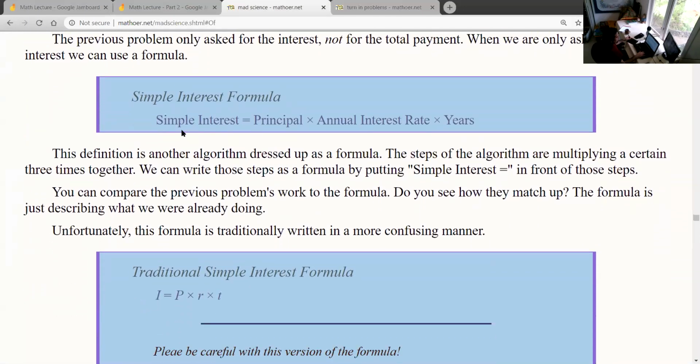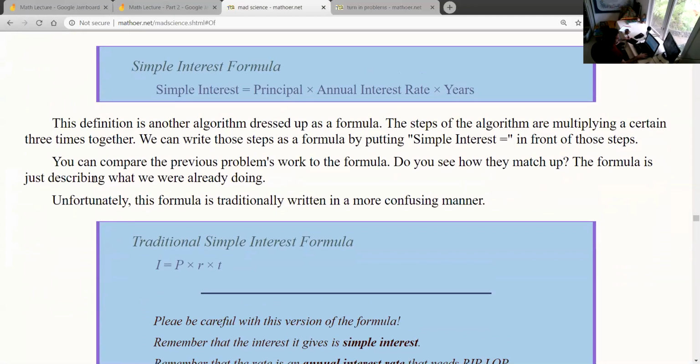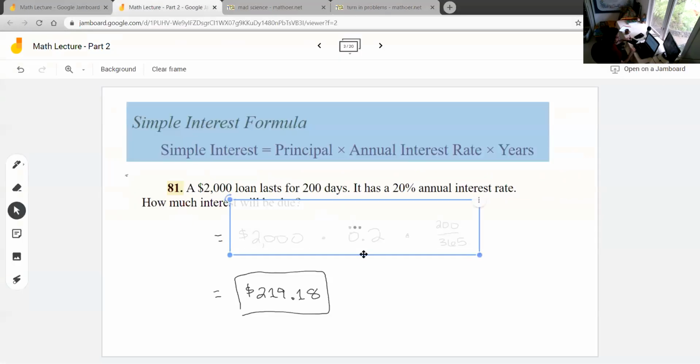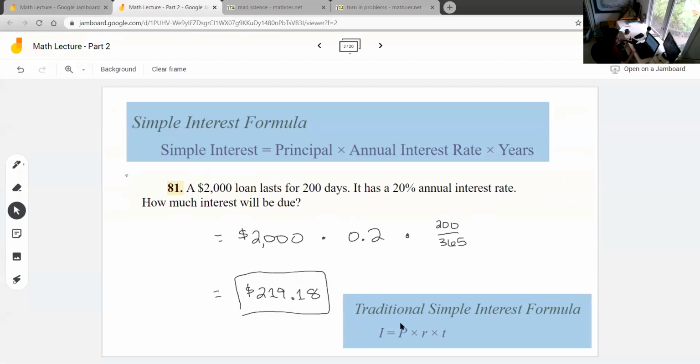It's especially dangerous when people write it this way. Principal times rate times time. Because this one, you're really tempted when you see the t there to plug in 200 instead of 2/365. The more conveniently catchy we make it, the less we remember what we're actually doing. So if you've done simple interest, and interest is principal times rate times time, rolls off the tip of your tongue nicely, then there's nothing wrong with the formula.